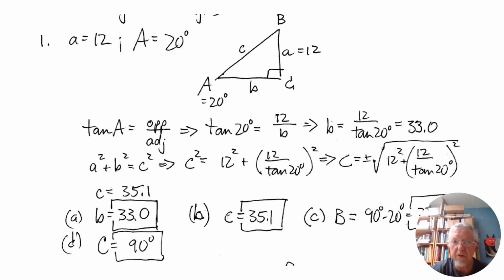Angle A is 20 degrees, side A is 12 units. Now, here's another one of my requirements. When possible, use what is given. If it is possible to use what is given, then use it.